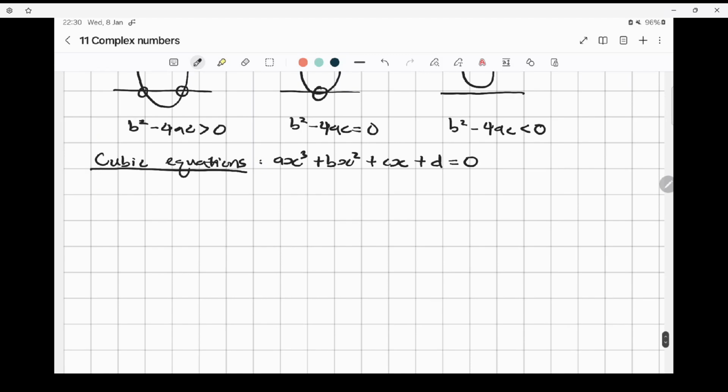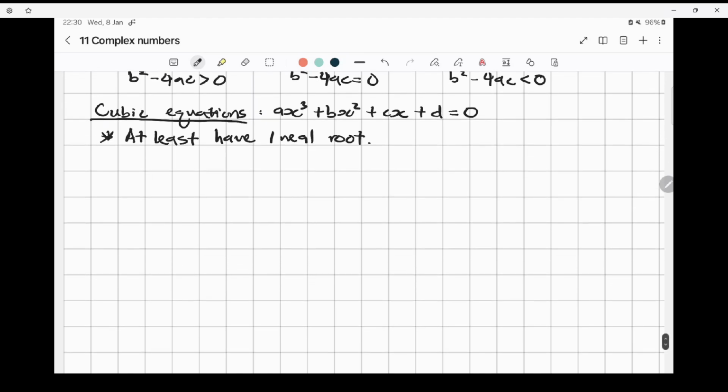In this particular case, what you must take note of is that you have at least one real root. Technically speaking, you have a general solution for cubic equations, but there's no need for you to do that. You can look at it graphically.